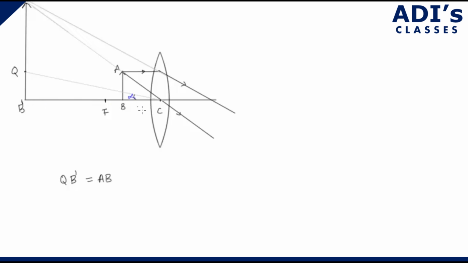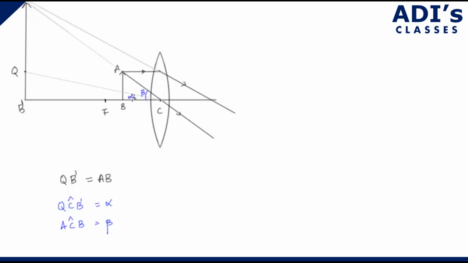Now we'll name this angle as alpha. That is, angle QCB dash is alpha, and this whole angle ACB is beta. Again I'll repeat, QCB dash is alpha and ACB is beta.